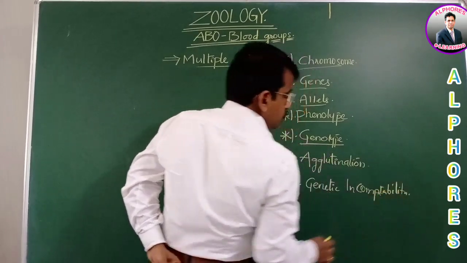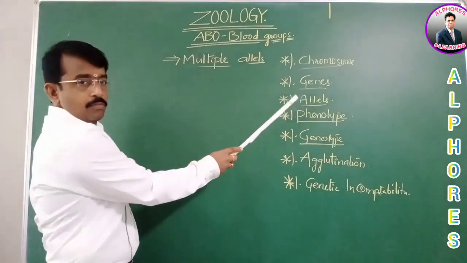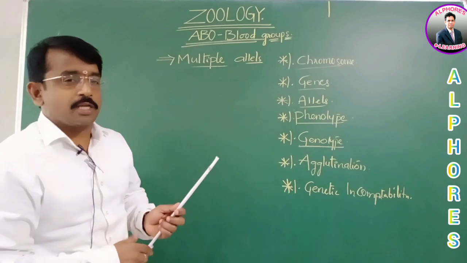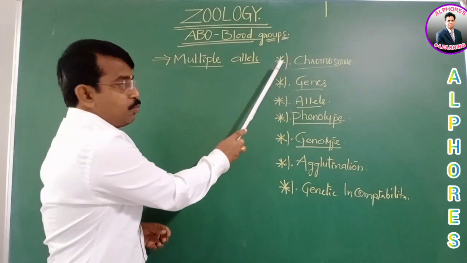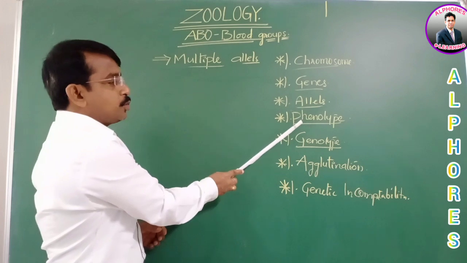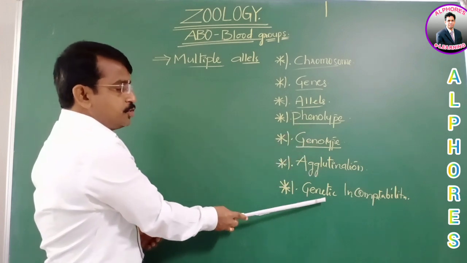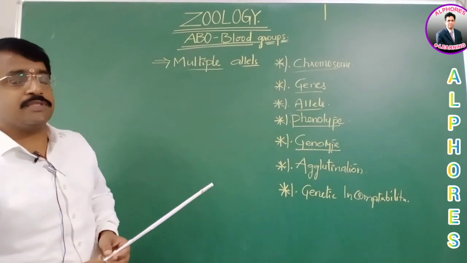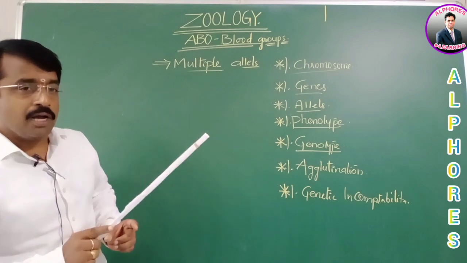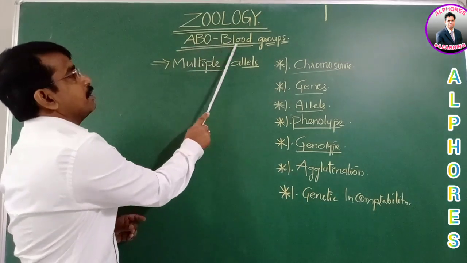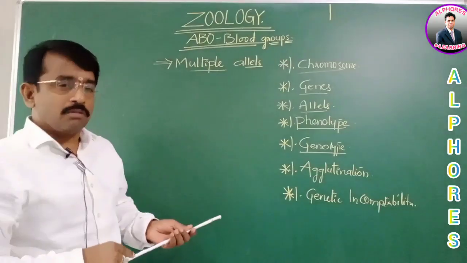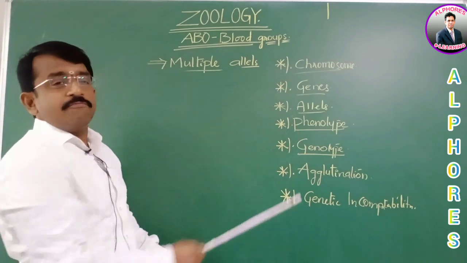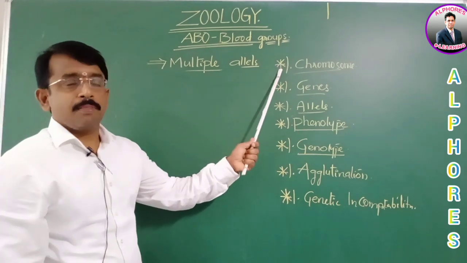Since this is somewhat related to genetics, the terms of the genetics are chromosomes, genes, alleles, phenotypes, genotype, agglutination, genetic incompatibility. We are not discussing all the terms related to the genetics, but those related to the ABO blood groups, where these terms need to be learned. That is the reason why we first highlight these terms.